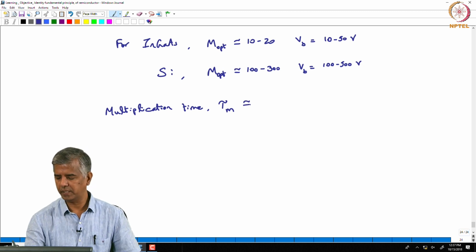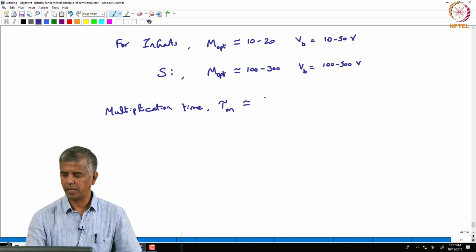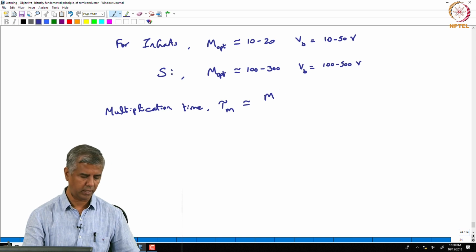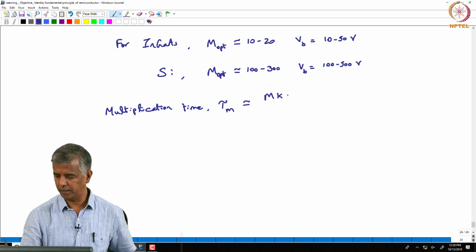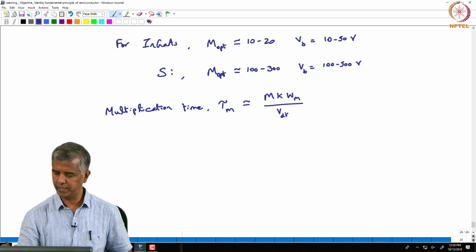This multiplication time, and I am not deriving this because once again it is a fairly long derivation, can be approximated as M multiplied by k multiplied by Wm over VDR.